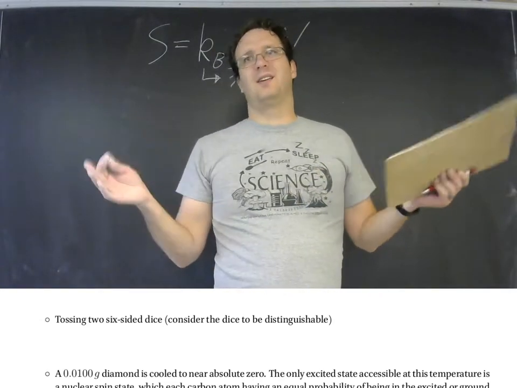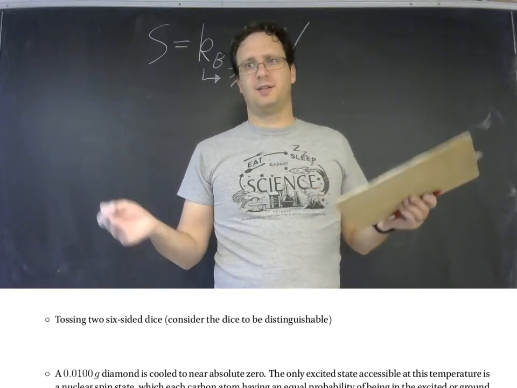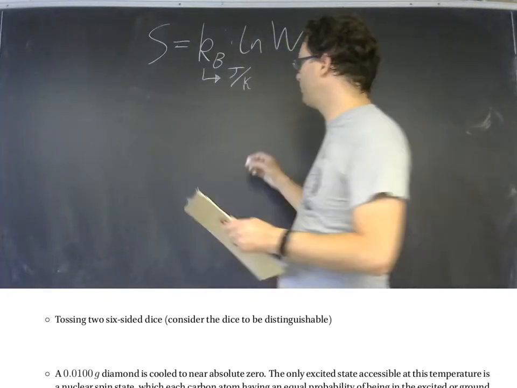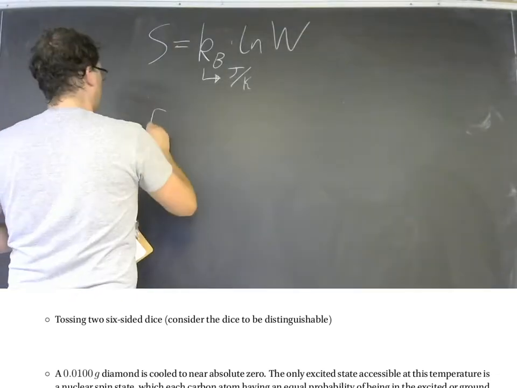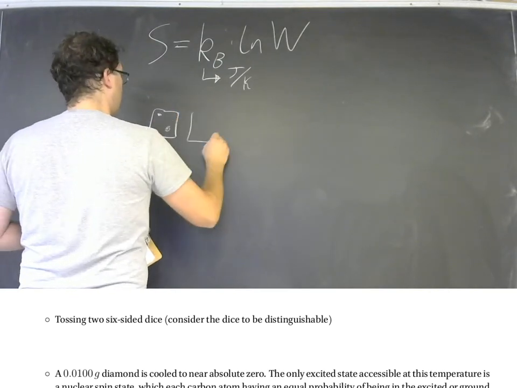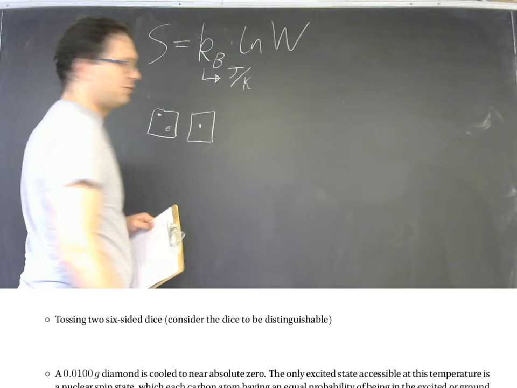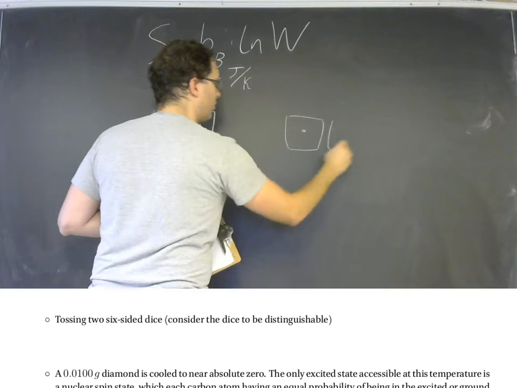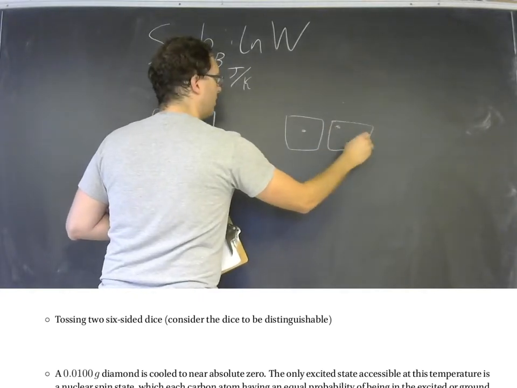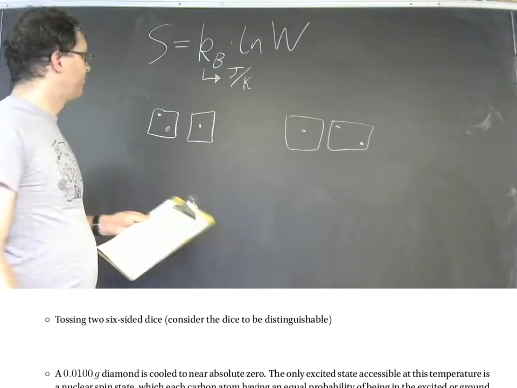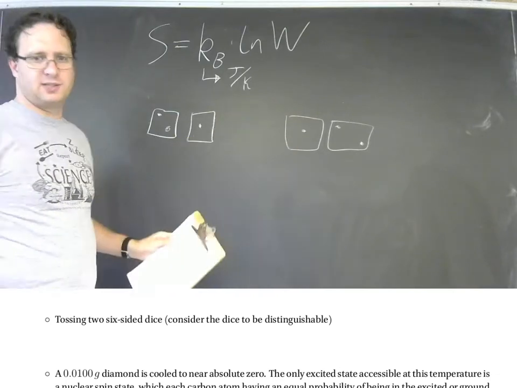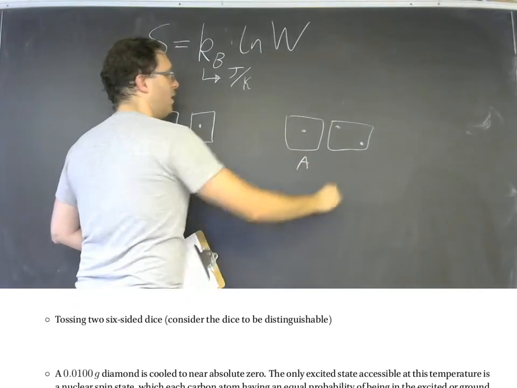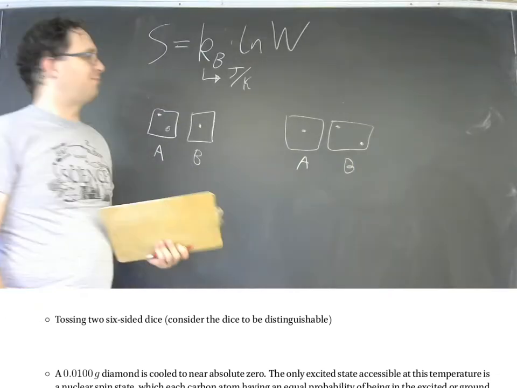Again, I didn't mean to make this so esoteric about little points about probability, but the fact that the dice are distinguishable means, for example, that a combination of 2 and 1 is a distinct different microstate compared to a combination of 1 and 2. So we would consider these 2 different microstates because here dice A has the 2 and dice B has the 1. Here dice A has the 1 and the die B has the 2.